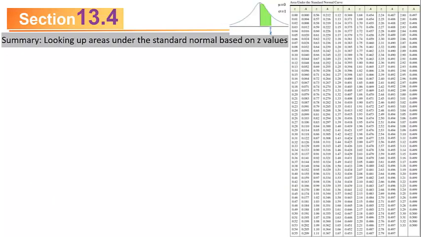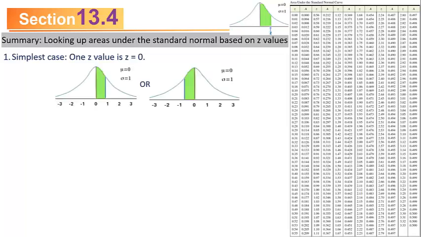I want to just end this by summarizing these different cases of looking up areas under the standard normal based on what the z-values are. The simplest case is when one z-value is equal to 0. That means the boundary either on the left or on the right is z equals 0. Those are the easiest cases. If the left value is 0, that means the other z value is positive.